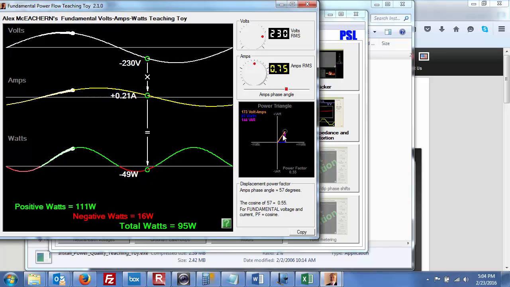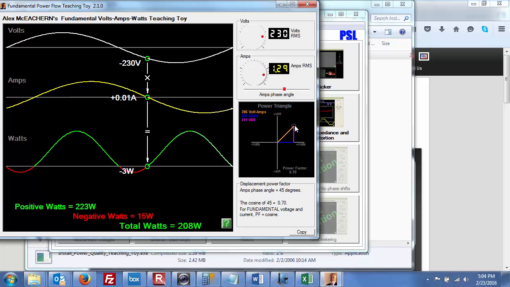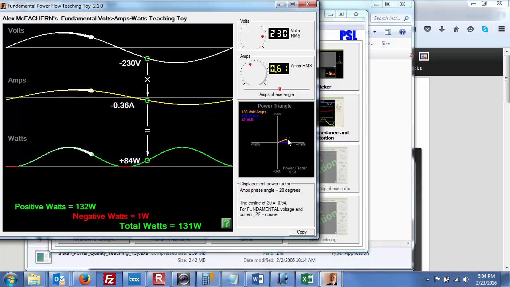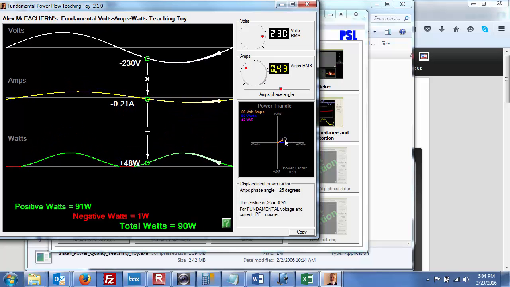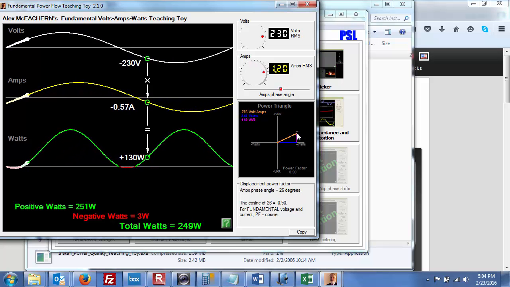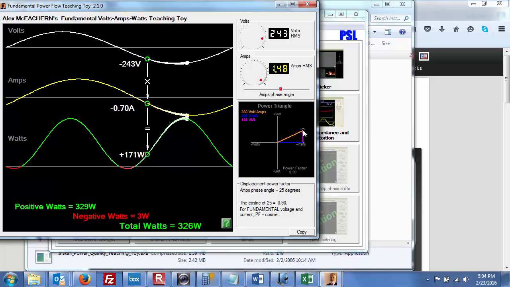And then by dragging this guy up here, let's just show that we could have 90 power factor 90 here. Really all I'm doing is keeping the angle the same, just increasing the amount of power. That's pretty cool.